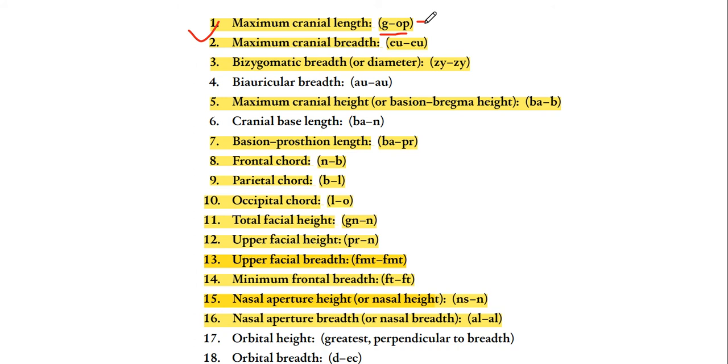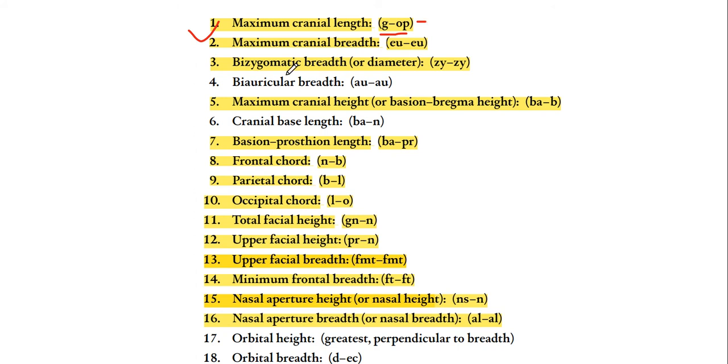Fine. So here you're not defining opistocranium, but in a way you are saying how you take the measurement. Defining the measurement includes to some extent the method involved, not in detail, but a general idea of it. Also, after defining in one liner, you will say the instrument used, spreading calipers. Fine. That is how you are expected to write in your exams.